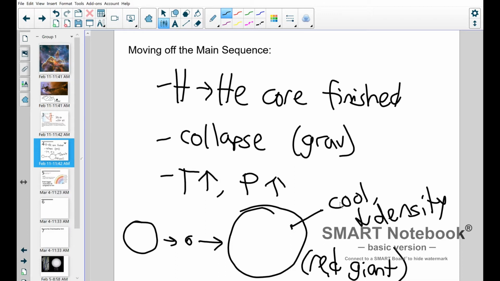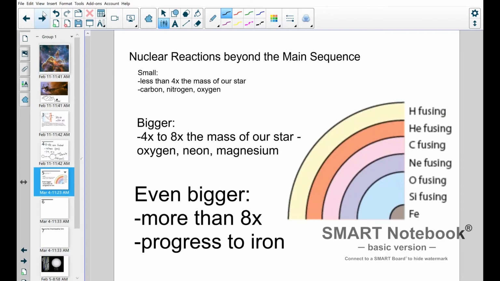The other piece we talked about last day was the nuclear reactions that happen in stars of different masses. We talked about how with very small stars, and we are classified as small here, fusion in our star will end with carbon, nitrogen, and oxygen. Larger ones, between 4 and 8 times the mass of our star, are going to be in the neighborhood of oxygen, neon, and magnesium. And then if it's more than 8 times the mass of our sun, it will progress all the way to iron.